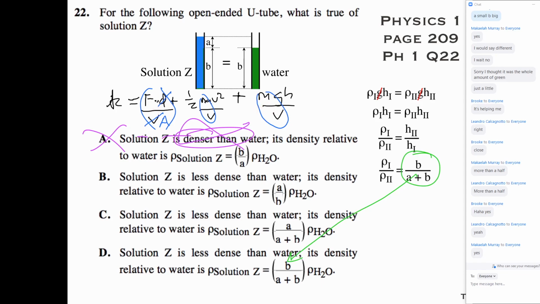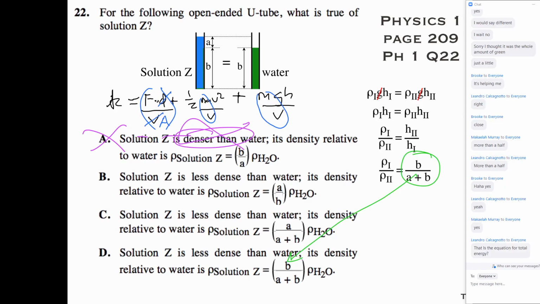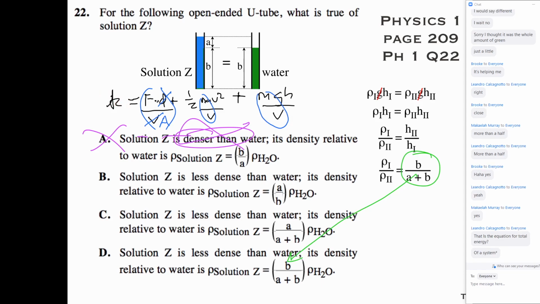All Bernoulli did is said energy is conserved. If you do energy conserved in a constant volume, then you can say those things also have to balance out. This is the equation for total energy of the system. The total energy of a system stays constant. Total energy of whatever we're looking at.